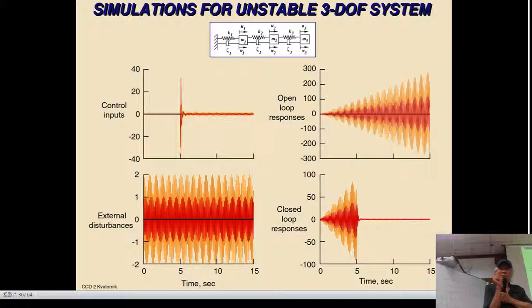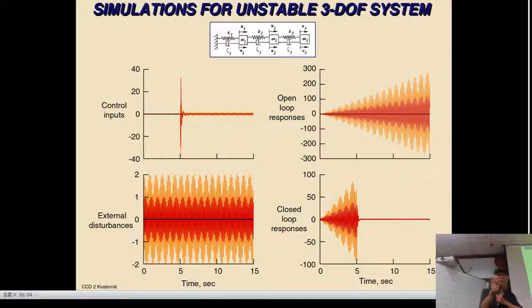Don't forget that when your computer is working, your system is still working. They don't wait for you. You can't say, hey system, you wait for me, let me compute my control force first. They can't do that, right? So you have to ask your computer, hey, get my control force as quick as possible, right? So that's what we did.